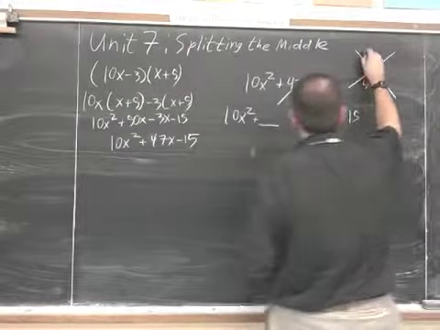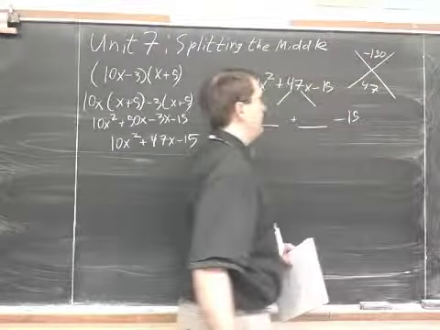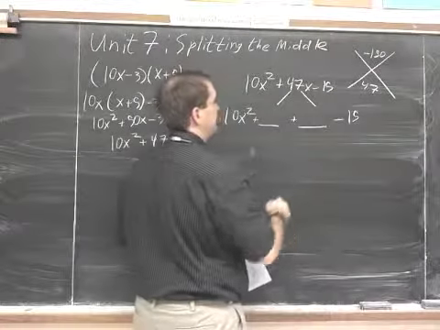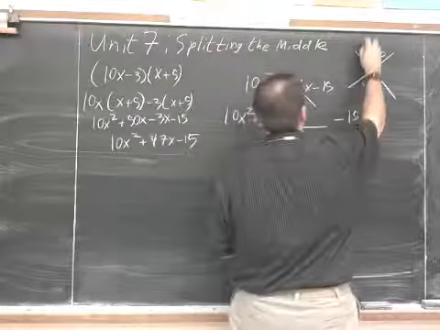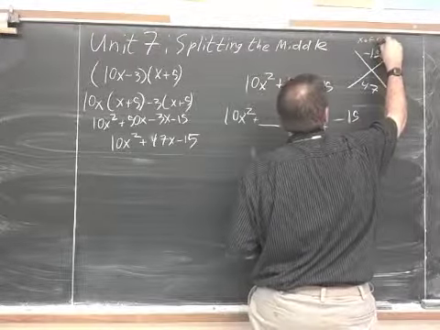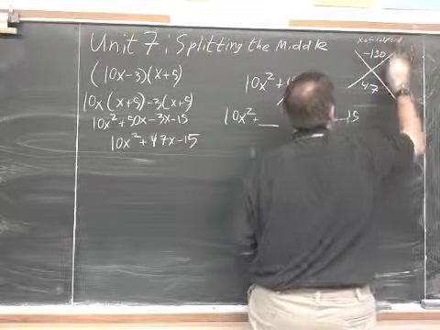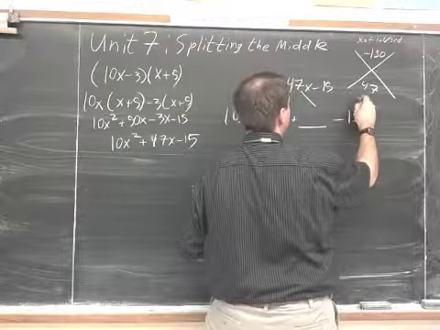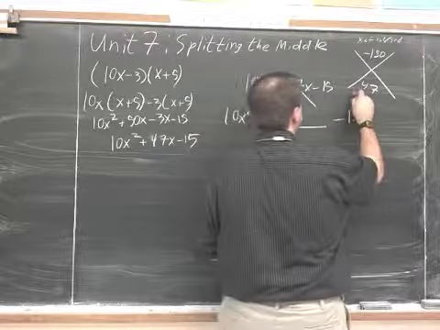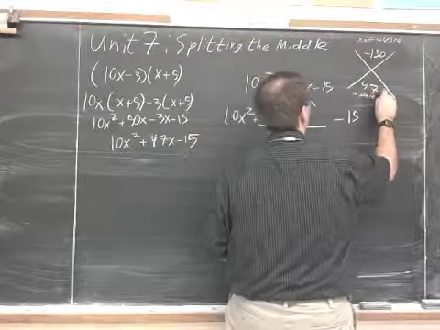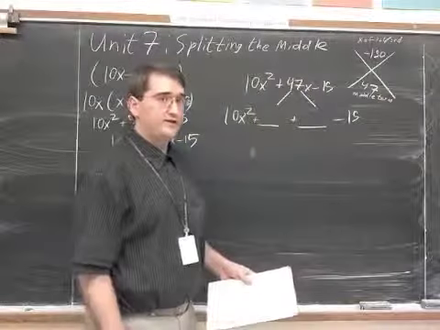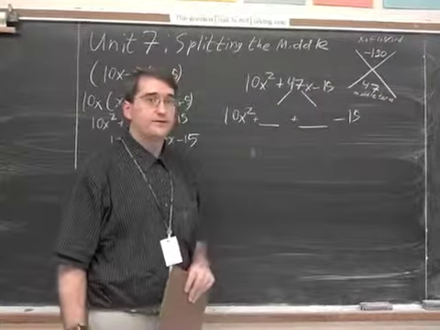They multiply to the same product as those two numbers. So we take the product of the first and last, so the product of the first and third terms, and then the sum of the middle term. We want two numbers that multiply to negative 150 and add to 47.